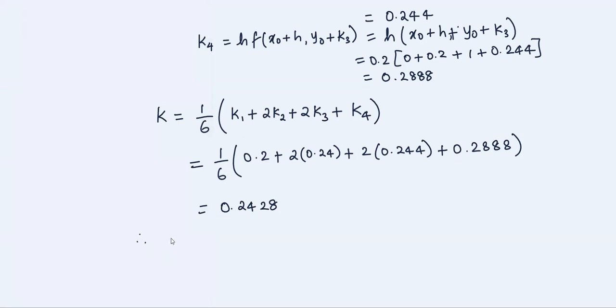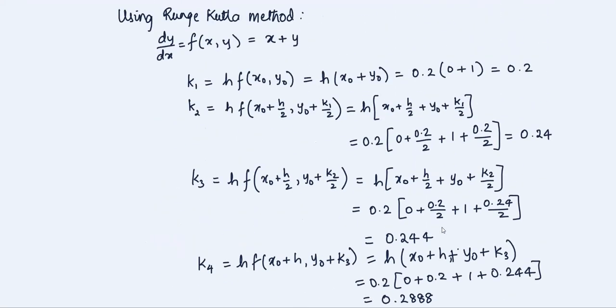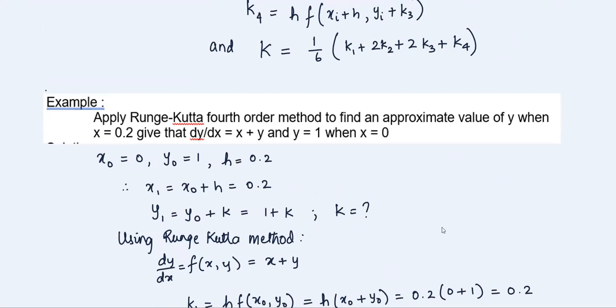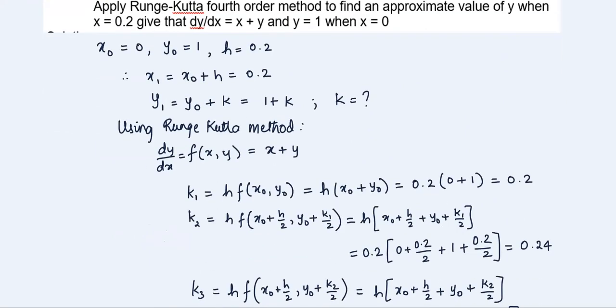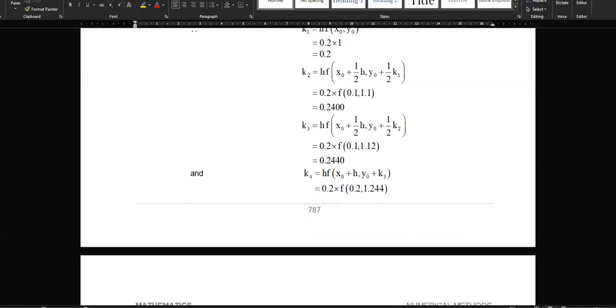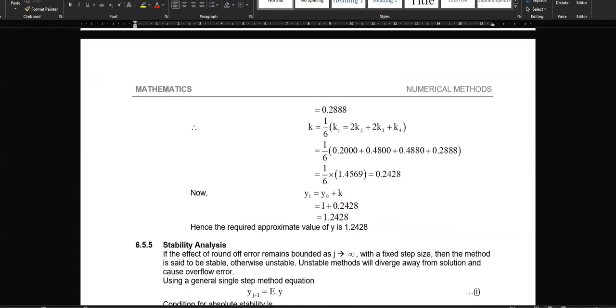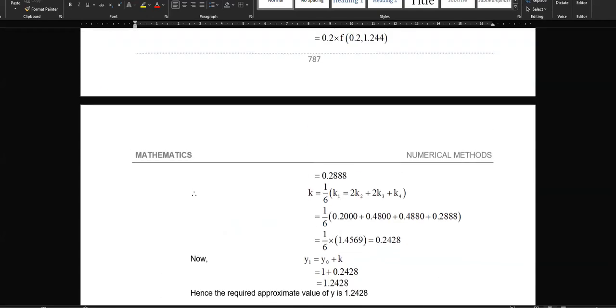Therefore, y1 is y0 plus k, which is 1 plus 0.2428, which is 1.2428. This is the Runge-Kutta method. So let's compare 1.2428.